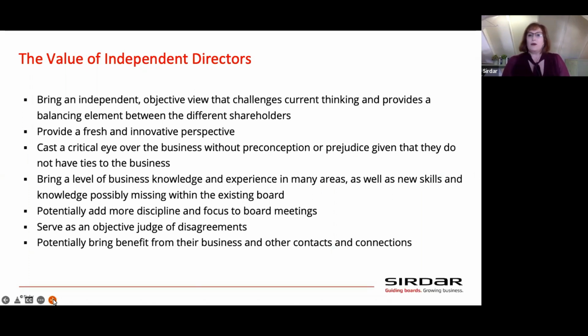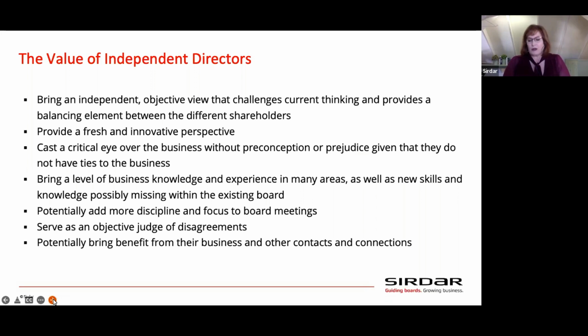And for many of you, you may have already understood from the King 4 report in South Africa, which really speaks to a unitary board, which reflects a balance of power. And that balance of power is very important.